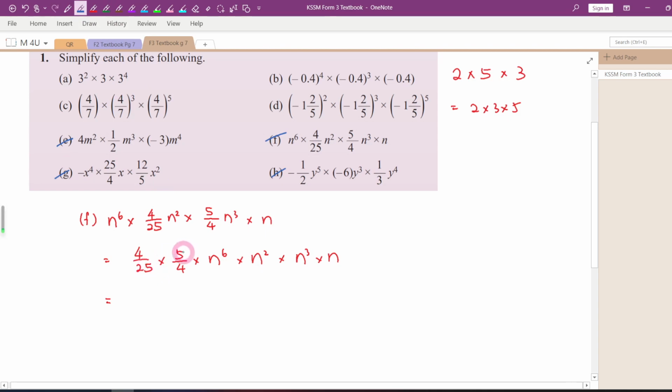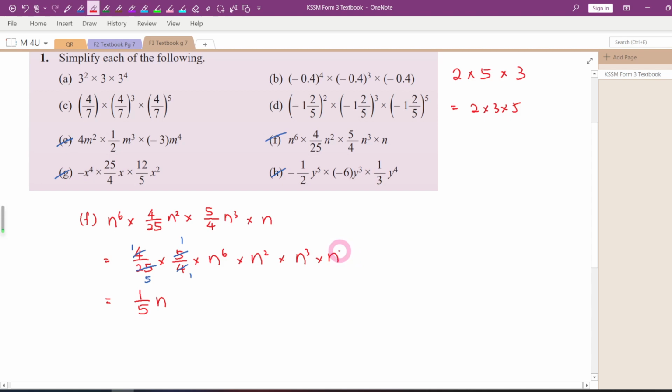Okay. So for this part, you can press your calculator, or you can simplify it manually. Divided by 2, divided by 2, divided by 5, divided by 5. Okay, so this one divided by 4, divided by 4. Eventually for this part, you will get 1 over 5. And this n, they are all the same base, n, n, and n. If you don't see any power here, it means power 1.